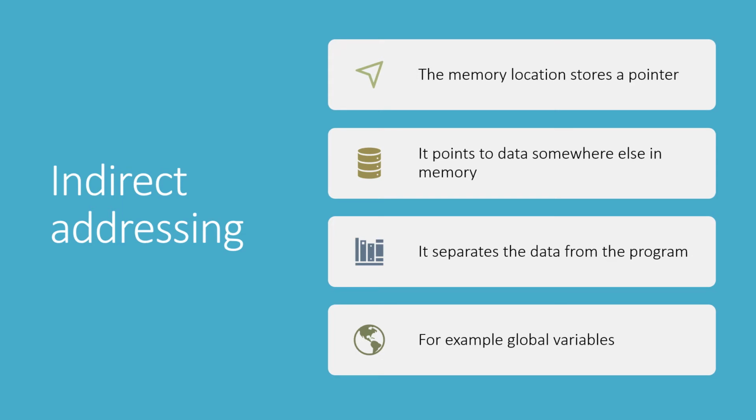It means that the data can be stored in a completely different part of the computer from the program itself. And it means that the program can be adapted to work with different blocks of data. When we use global variables, for example, a procedure or function has access to the original data stored elsewhere in the program. Passing by reference works like this as well.